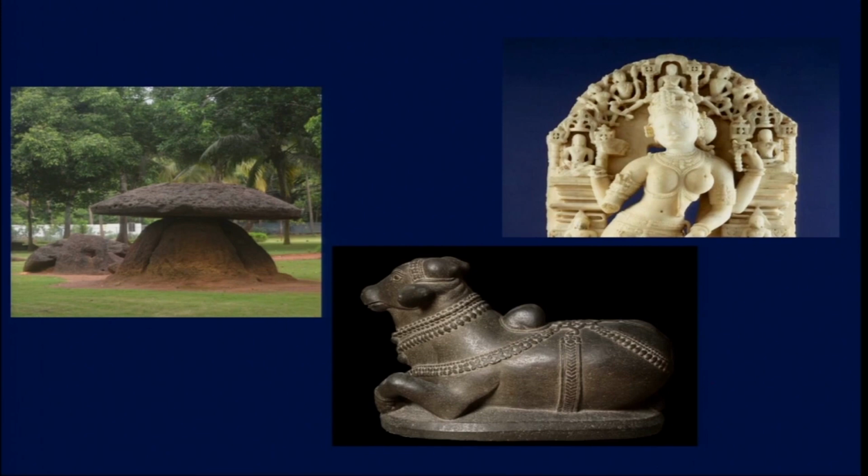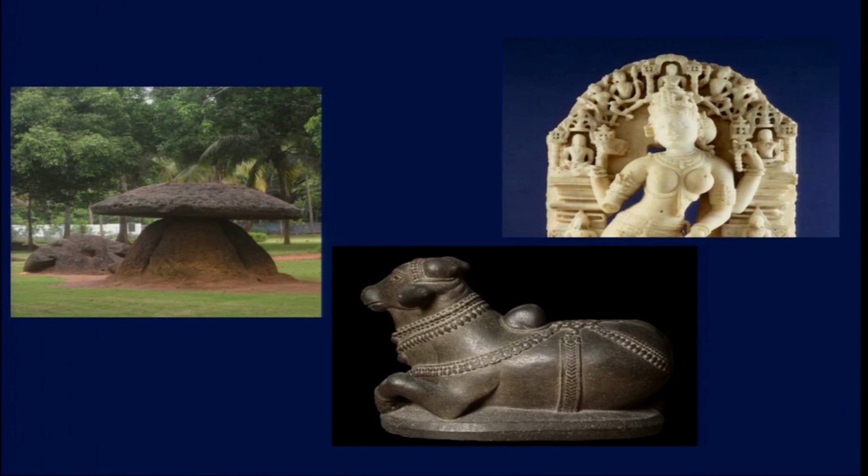So there are the ones which are immovable, and there are the movable objects, and of course the movable objects also include different kinds of utilitarian items like the ones we used for cooking, different kinds of pots, and different kinds of tools for grinding grains and everything else.